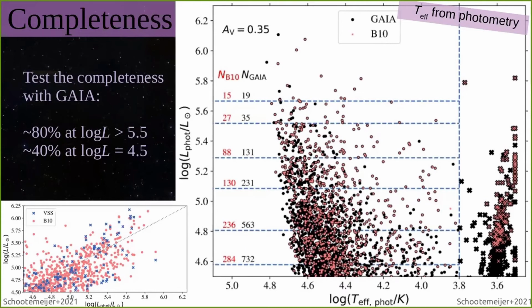But for our purposes, it is not too bad either, because there is a very clear correlation between photometric luminosity and luminosity as determined by methods that we would deem more reliable.